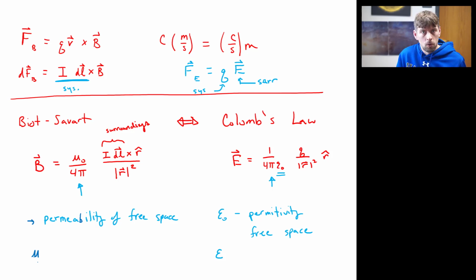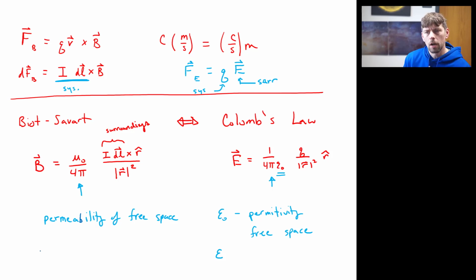Now, truth be told, you will get a larger variation in permittivities than permeabilities. Generally, the permeabilities of materials are very close to that of vacuum, whereas the permittivity of materials tends to be a large range. And we'll use that idea when we start talking about propagation of light. Okay, so put that on the sideline, but that tends to be the case, that the permeabilities tend to be very close to one another.